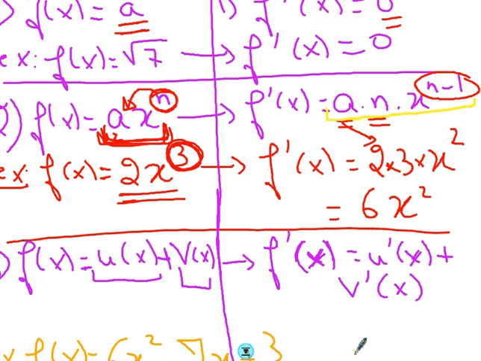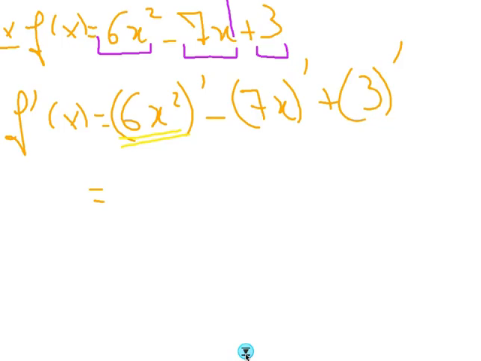So let's make it. So a, you keep it, it's 6. So 6 times n, you bring this down, so times 2 times x to the power n minus 1, so 2 minus 1, which is 1. I will write it step by step for the first time.